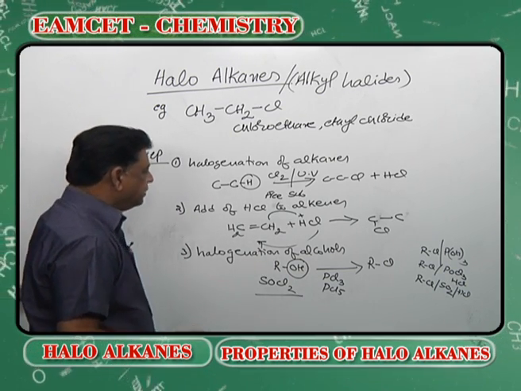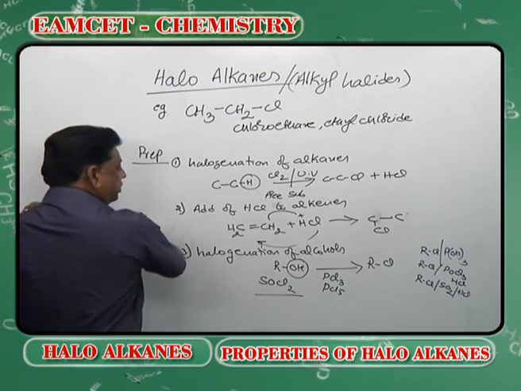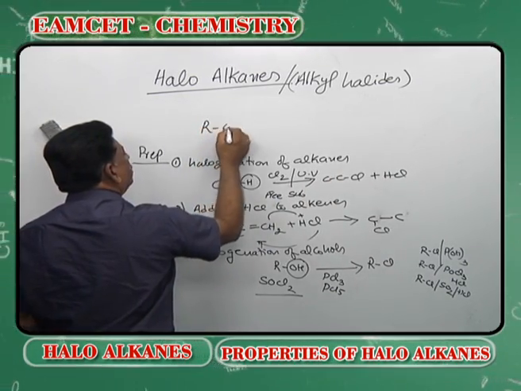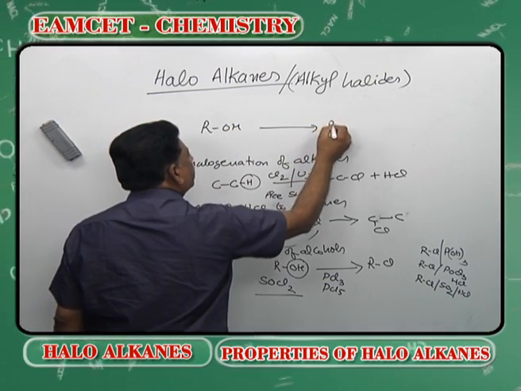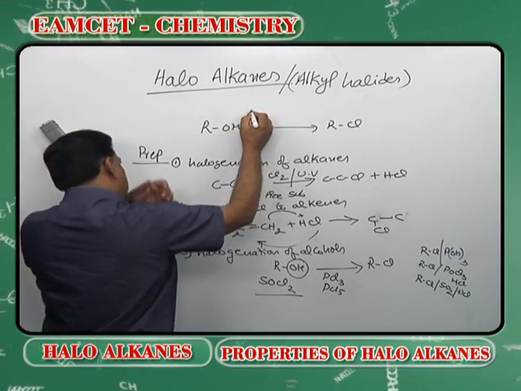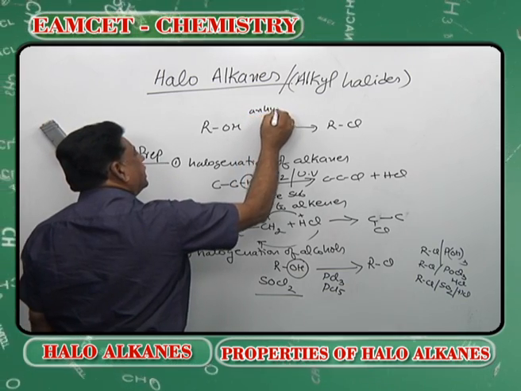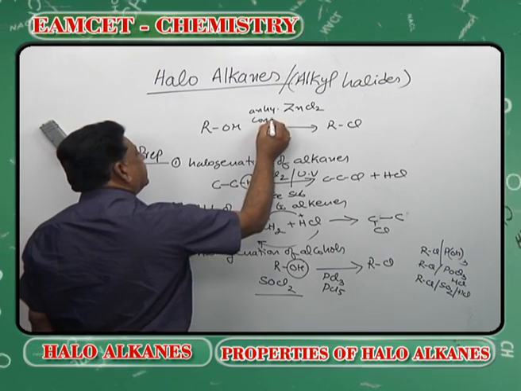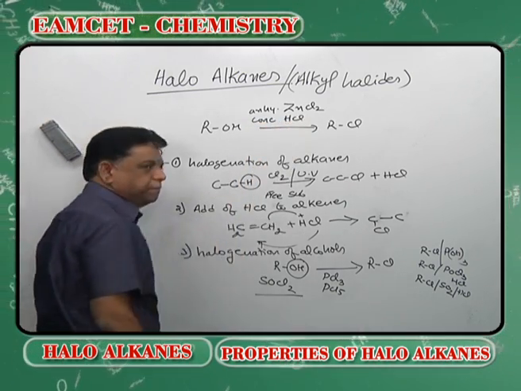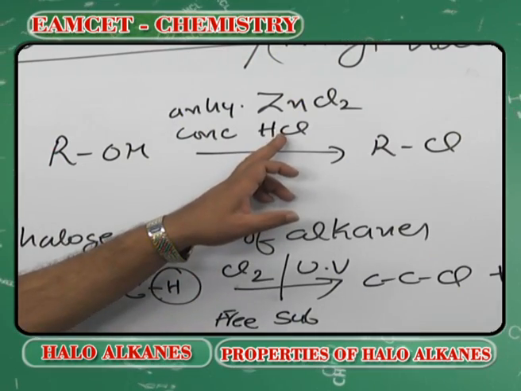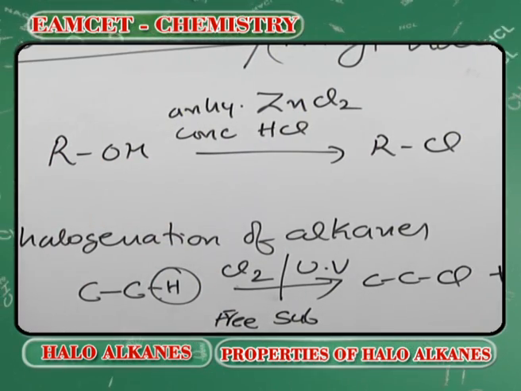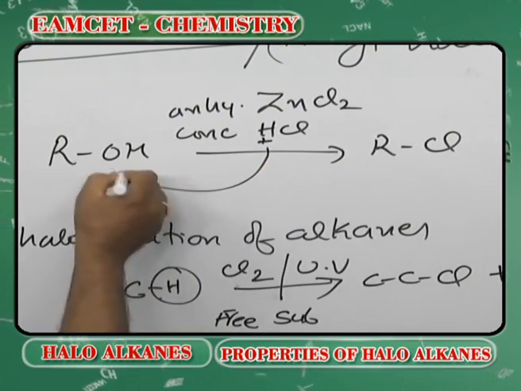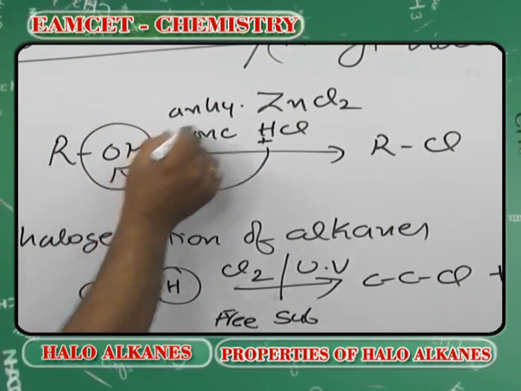You have another method to convert alcohol into alkyl chloride by using anhydrous zinc chloride as a catalyst, but the concentrated HCl is the actual reagent. If you add only HCl, the reaction may not take place. Here, the concentrated HCl will attack, and the water will be removed.